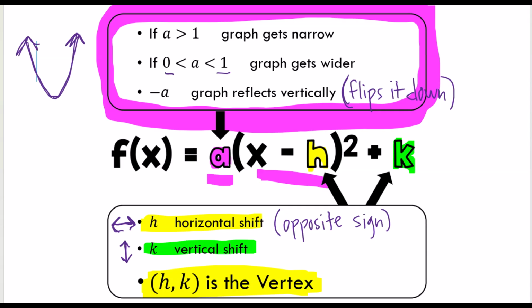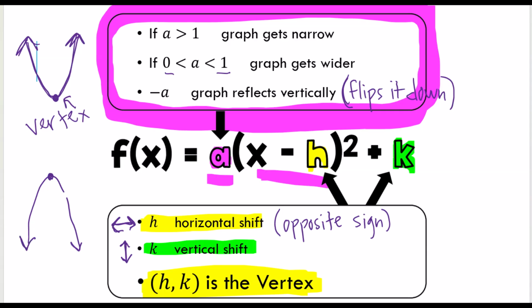So on my picture of the parabola here on the left side, the lowest point or the highest point, wherever it changes direction, that is the vertex. So if it's going down and then it goes back up, the vertex is that point.